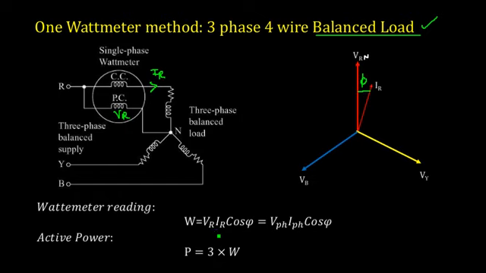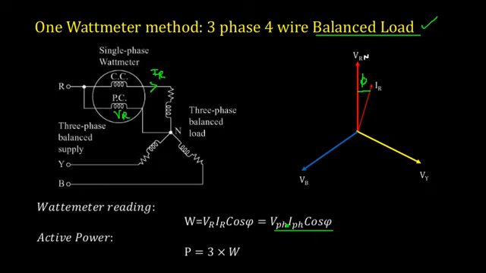So this is your phase voltage VR, that will be V phase, and IR is I phase. For a star connection system, I line is equal to I phase. So the reading will be V phase I phase cos phi. Your total power consumed will be 3 V phase I phase cos phi.